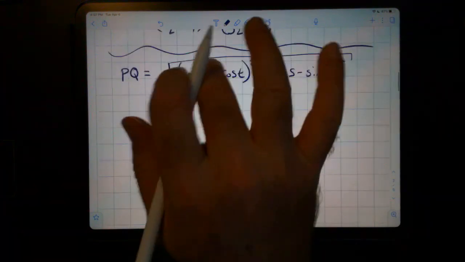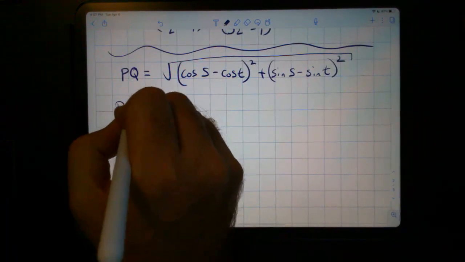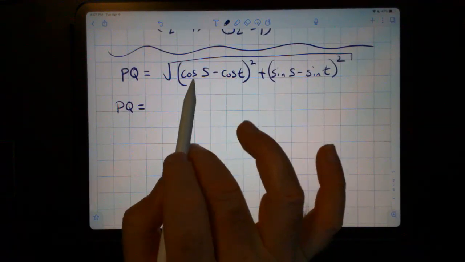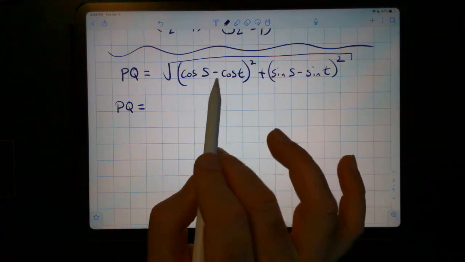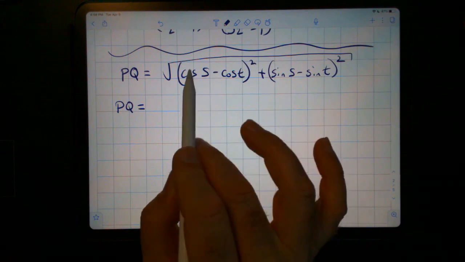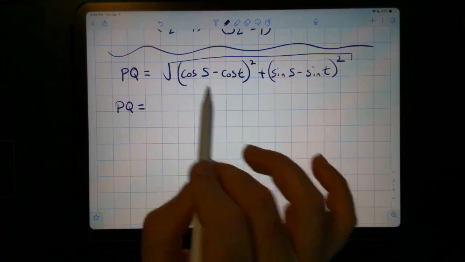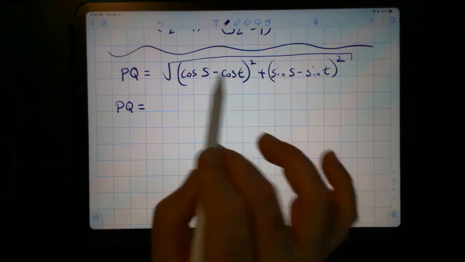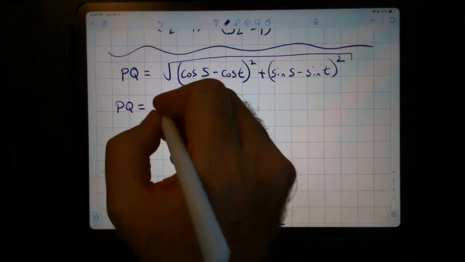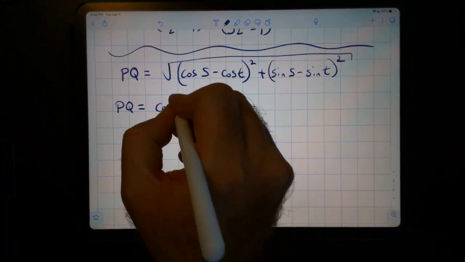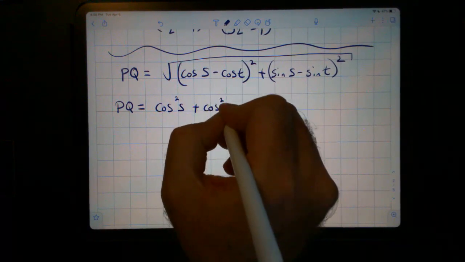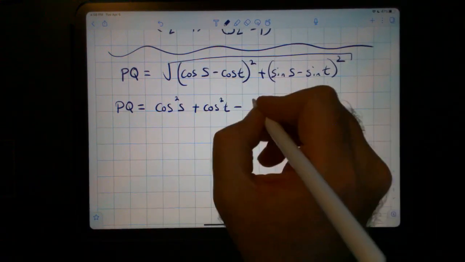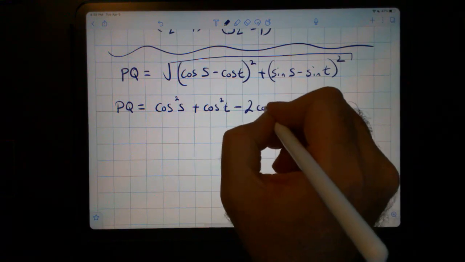Okay, so this tells us that line segment PQ is equal to cosine S minus cosine T, all of this squared. This is like A minus B squared. So A minus B squared, we're going to square the first term, square the second term, and it's 2 times their product. So we have cosine squared S plus cosine squared T, and then minus 2 times their product.